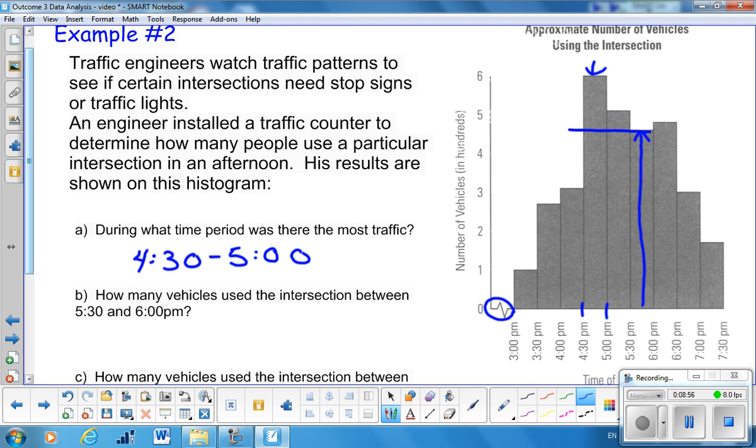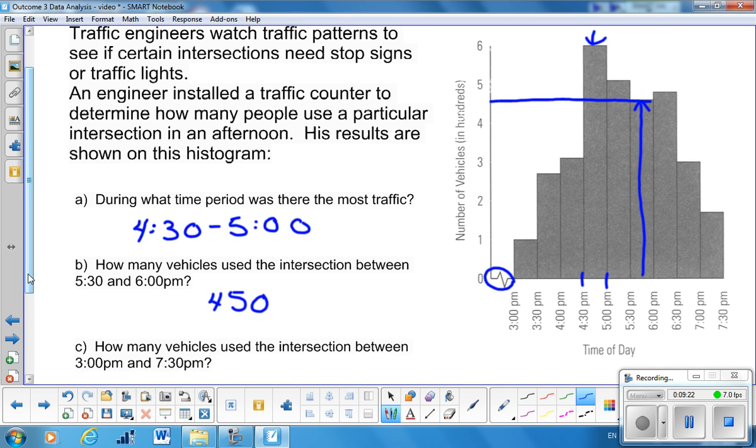So we're going to read across to approximate how many people would have used that intersection at that time. So I would say that's about 4.5, but we need to remember that those are the number of vehicles in hundreds. So it's not 400, but it would be 450 vehicles.